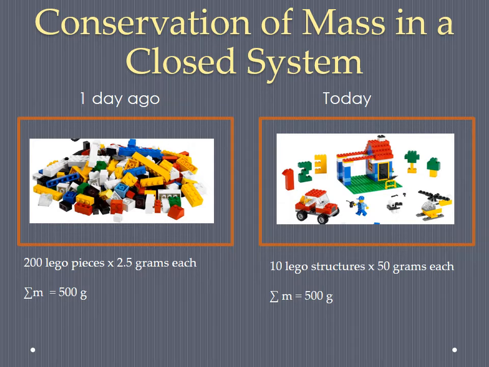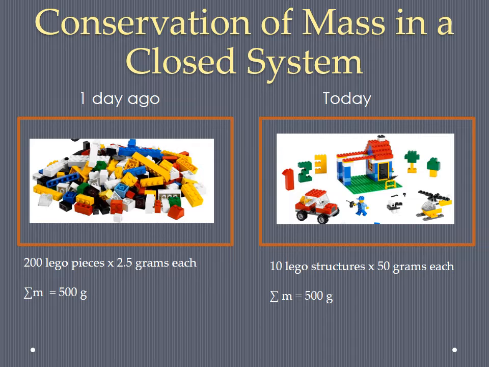The next concept we need to explore is the idea of tracking mass using systems. In a closed system, the total amount of mass, or sigma m, will not change no matter how much time has passed or will pass.